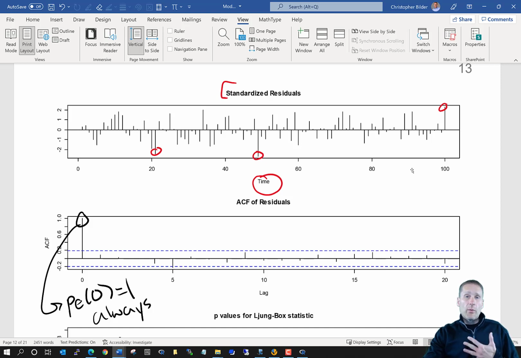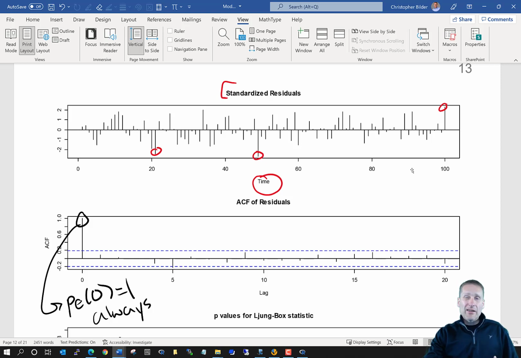Again, when we have a sample size of 100, and we're using plus or minus 1.96 or plus or minus 2, we would expect about 5% of these standardized residuals to be outside of the plus or minus 2. And we have about 3, maybe 4 that are outside. So this is not unusual.